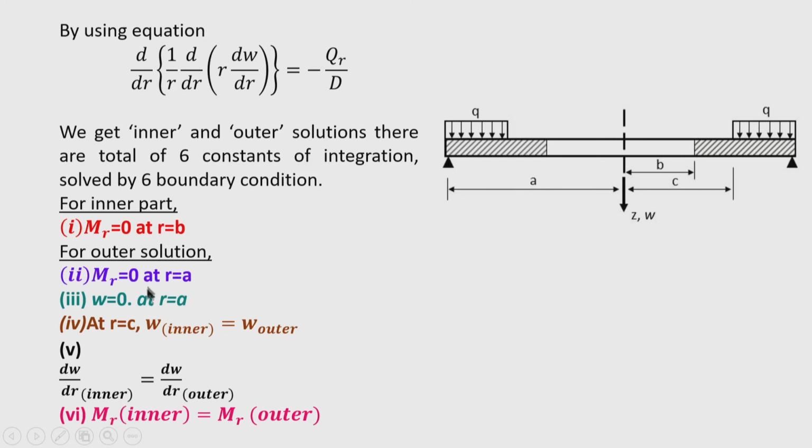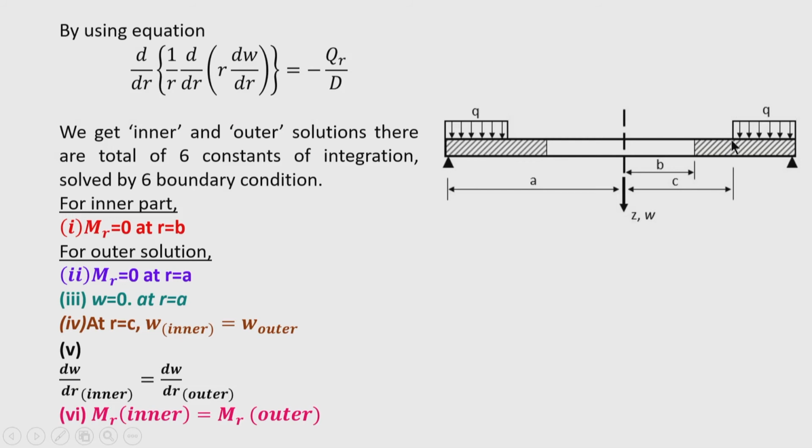So, we get 3 conditions to be imposed on the 2 differential equations involving 6 constants of integration. Another 3 conditions are found at r equal to c. The deflection found from the inner part should match the deflection found from the outer part, for satisfying compatibility of deflection at the common point.